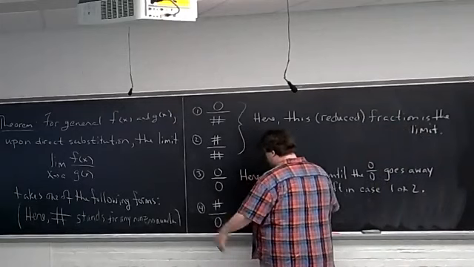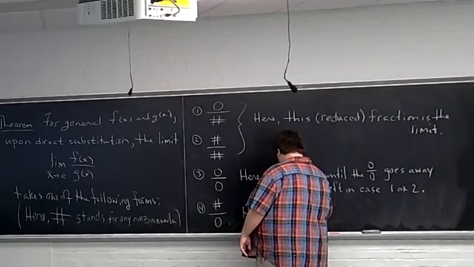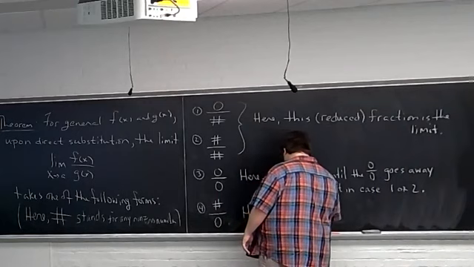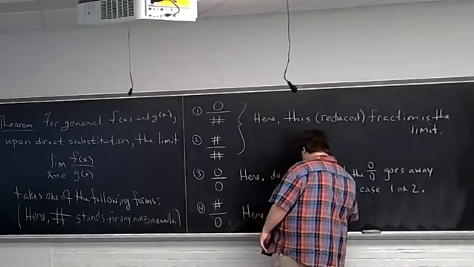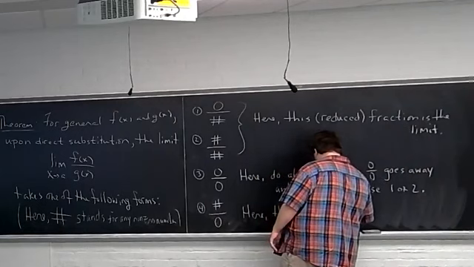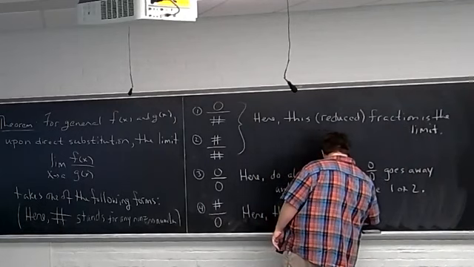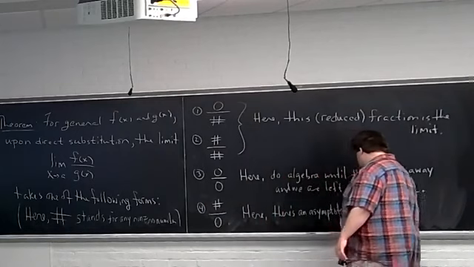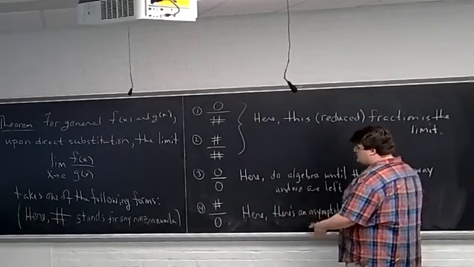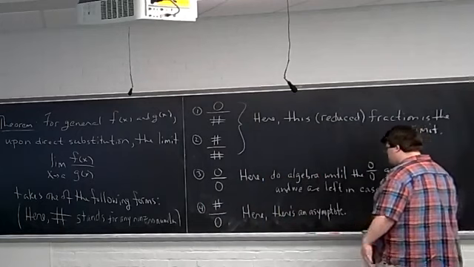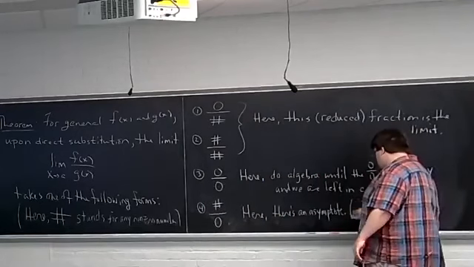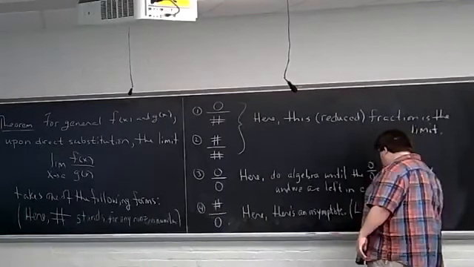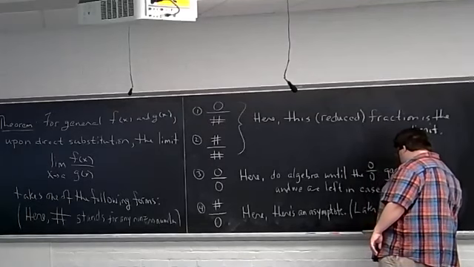For this theorem, I'll just say here there's an asymptote. Now the actual description of case 4 is like 3 or 4 sentences, so I'll just say there's an asymptote, and I'll say later today.